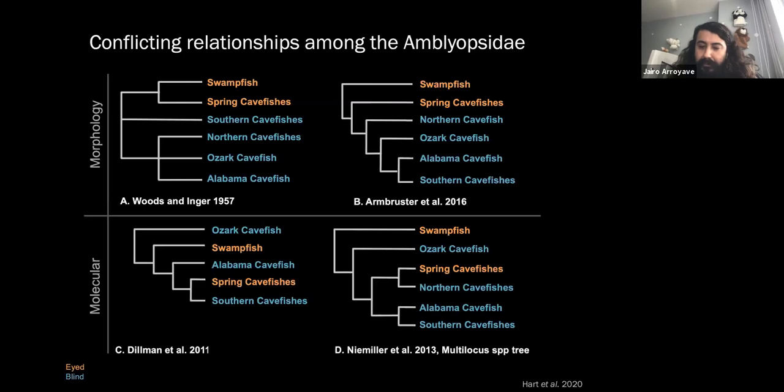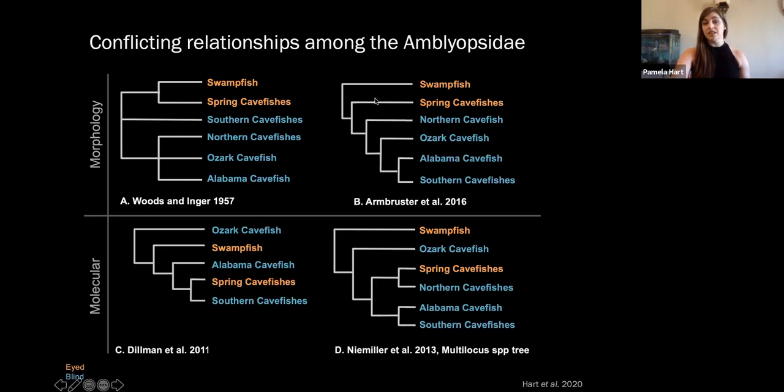So it's a really great system, but of course things aren't that simple. It appears that the pathway to cave adaptation has not been straightforward in the family. Here we have the top two phylogenies created using morphology, in which we could see what's considered a simpler path to cave adaptation, in which we have the eyed forms as united and the blind fishes as monophyletic.